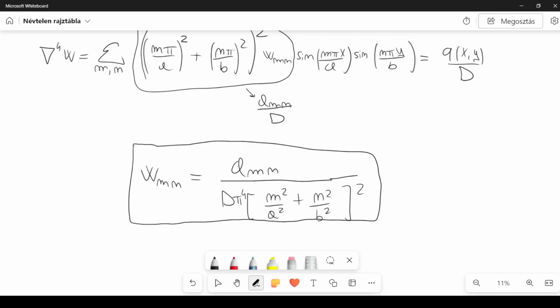Why is that? Because for high frequencies, when m and n are large, this denominator will grow, and there is also another square here, so it will grow quite fast, and therefore these coefficients will become smaller as m and n grow. So only the low frequencies, quote-unquote frequencies, are important to characterize the behavior of the plate.